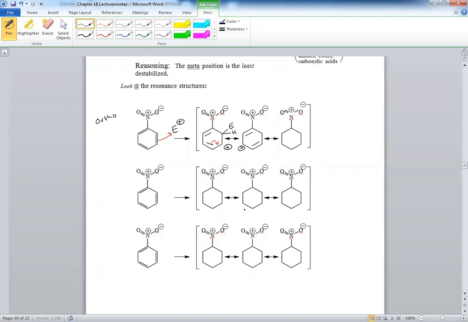There's a positive right there. And then this is the next one. And then you have a positive there. This one looks a little bit weird, but let me just fix it up a little bit here.